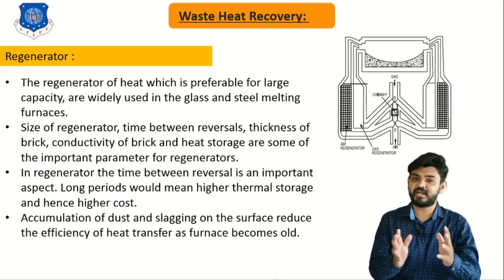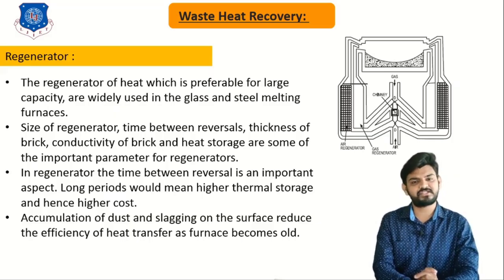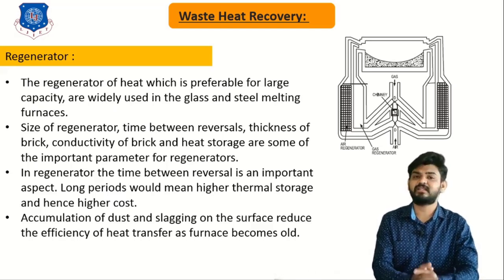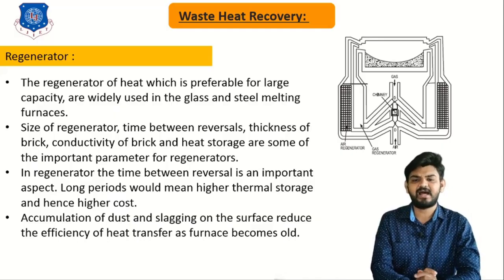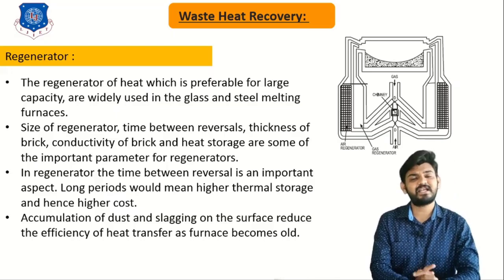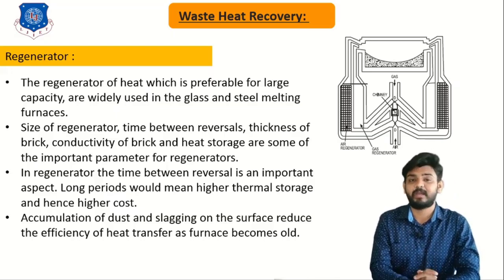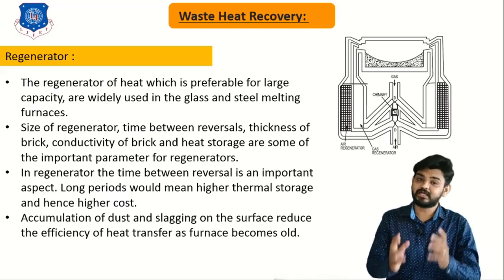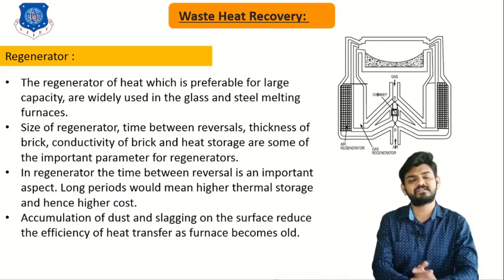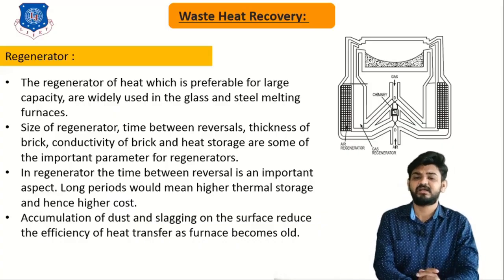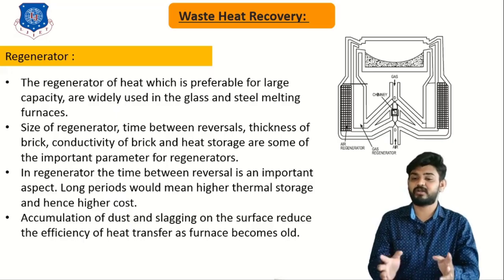Size of regenerator, time between reversal, thickness of brick and conductivity of brick, and the heat storage are some of the important parameters considered for the regenerator. Basically, the performance of the regenerator mainly depends on thickness of brick, conductivity of brick and size of the regenerator. In a regenerator, time between reversal is an important aspect.